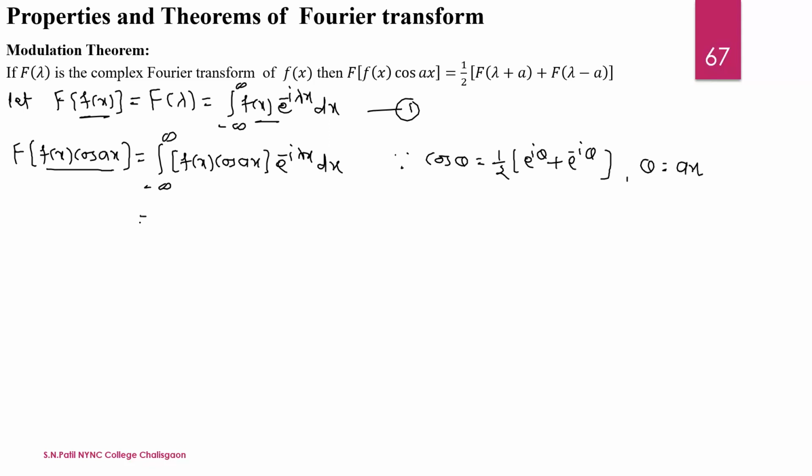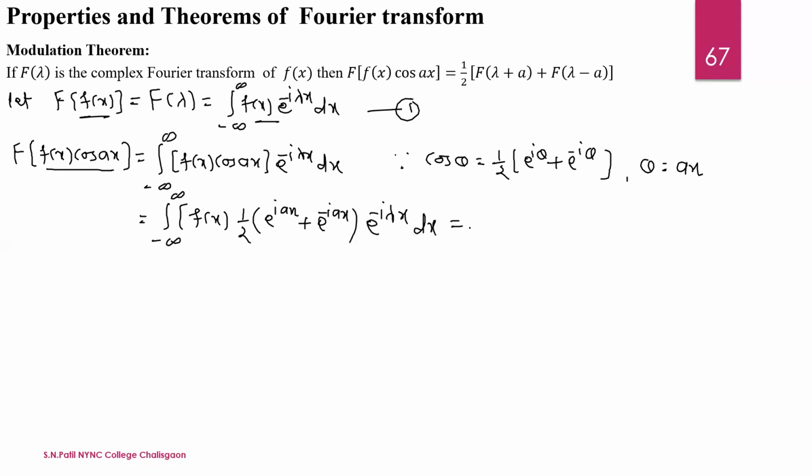Now it can be written as integral from minus infinity to plus infinity f of x, 1 by 2 [e raised to I ax plus e raised to minus I ax] into e raised to minus I lambda x dx.